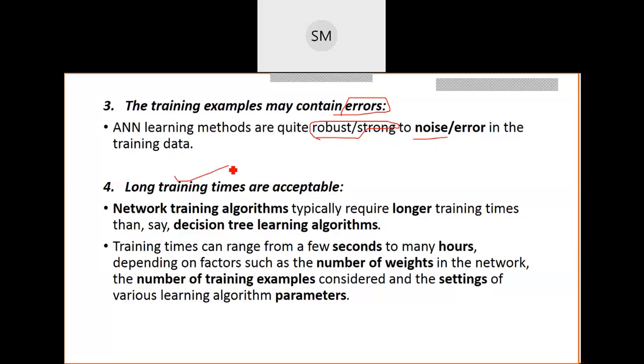For example, in our Alvin system, in only one day it has not learned to drive a car, right? It has taken its own time to learn it. So problems which take a lot of time to get trained can also be solved with an artificial neural network.